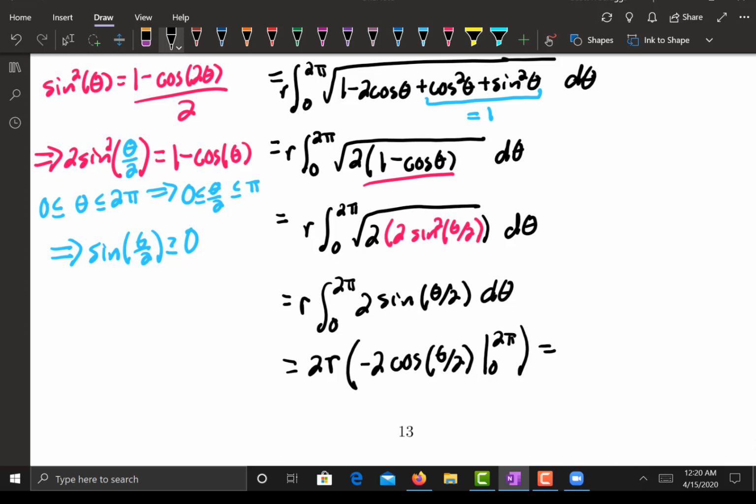Plug in 0, I'll get cosine of 0, which is 1. Plug in 2 pi, I'll have cosine of pi, which is negative 1. Then using the fundamental theorem of calculus, I'll have 2r times 2 plus 2, which means my arc length will be 8 times r.